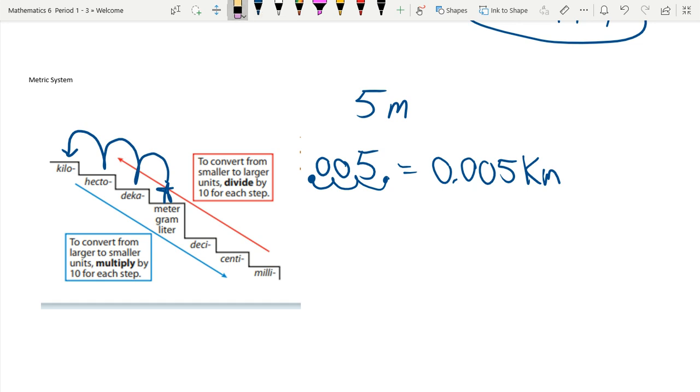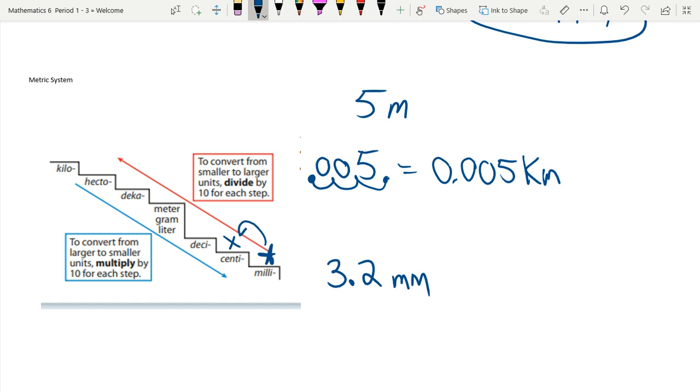Let's do another problem. This is the one that gives a lot of people the most trouble. So let's say we started with, oh, I don't know, 3.2 millimeters. Start right here. And let's just go one place. We're going to end up right here.